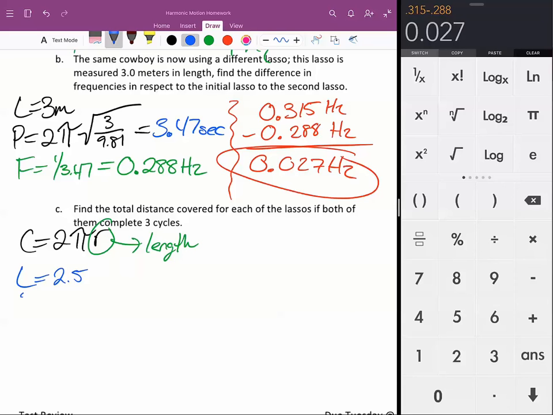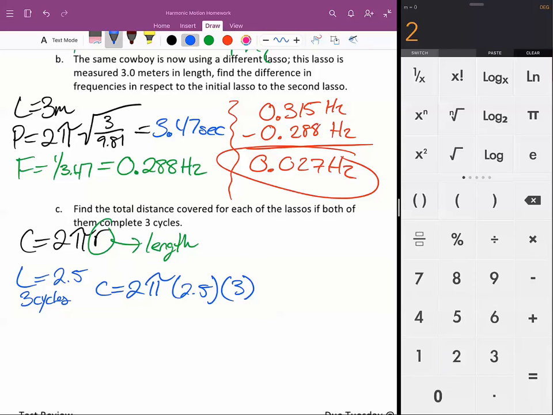So your circumference would be 2 pi times 2.5, and you completed 3 total cycles. So we have about 47.1 meters.